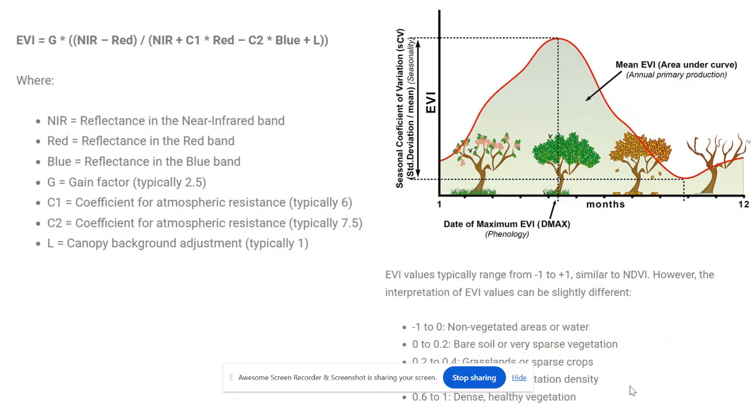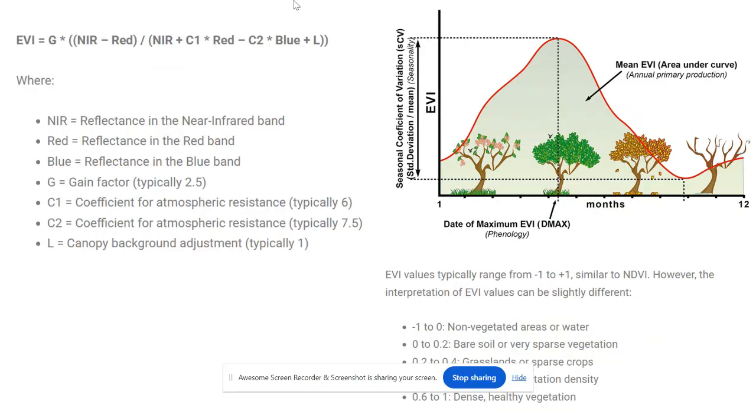And what is the formula of the EVI? For NDVI, we use the NIR band and red band. But there is another band, the blue band, for atmospheric correction. So the influence of the atmosphere will be low here if you compare to the NDVI.